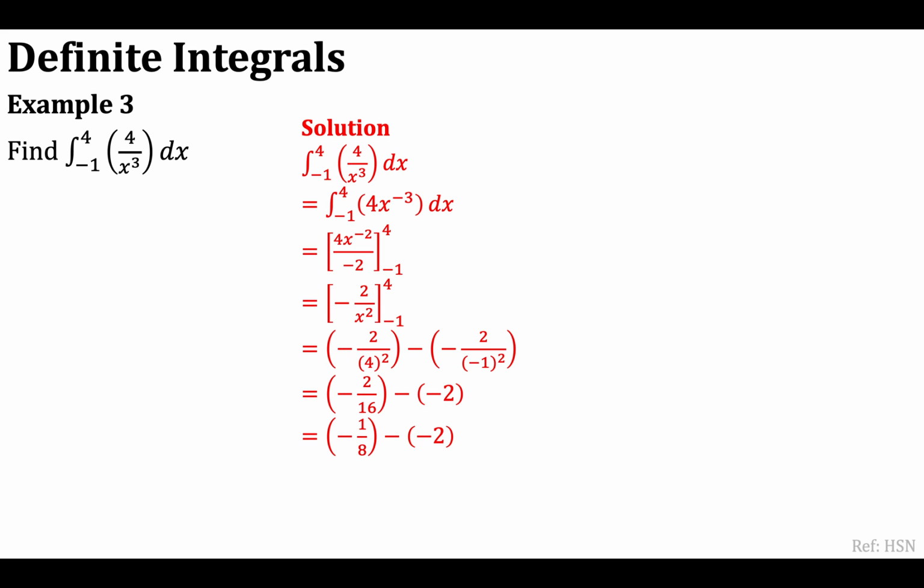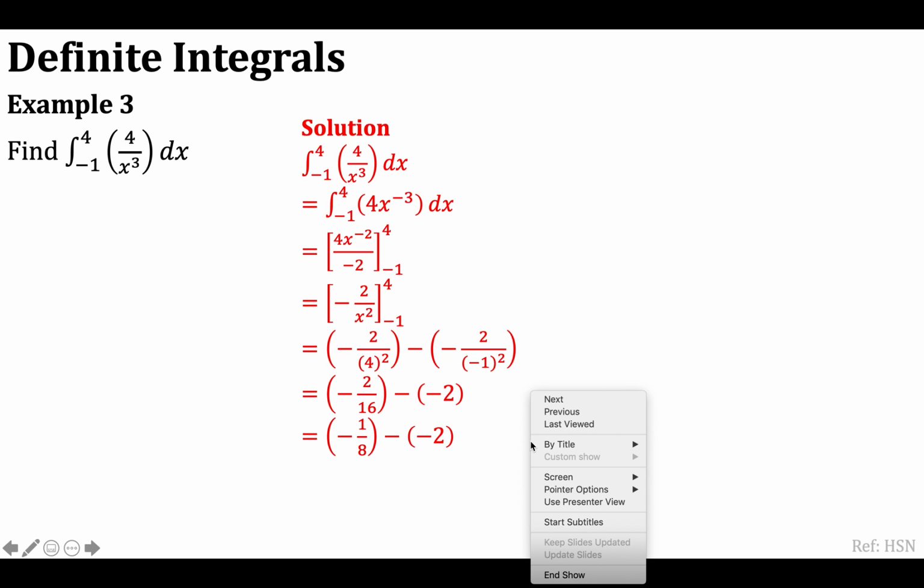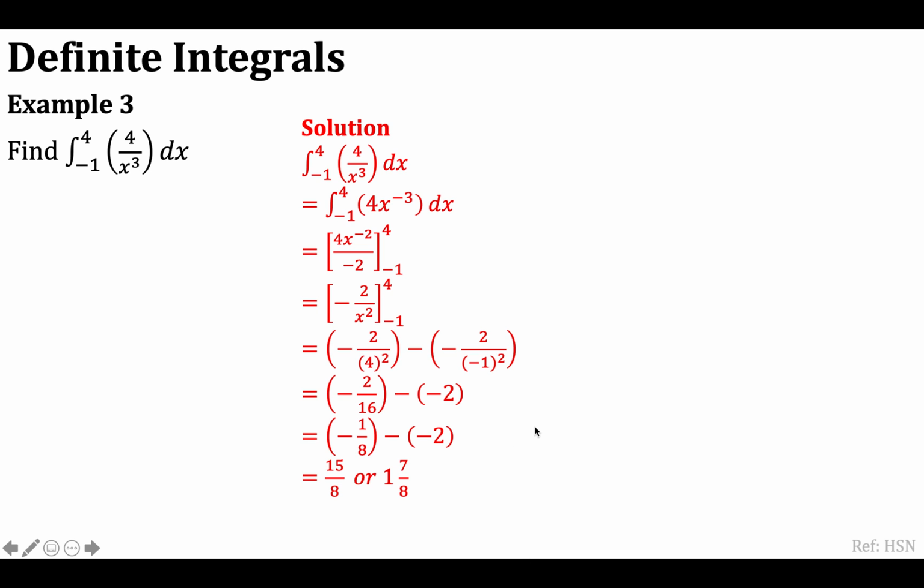I can see that -2/16 simplifies to -1/8, and I'm subtracting -2, that's the same as adding, so -1/8 plus 2 is 15/8, or 1 7/8. So you need to make sure for non-calculator papers that your addition and subtraction of fractions here is tip-top as well.